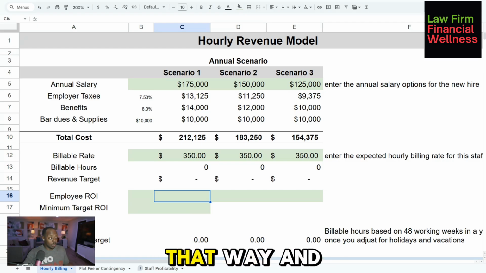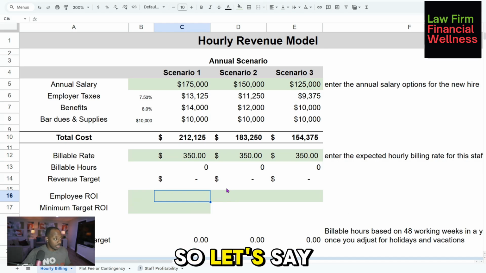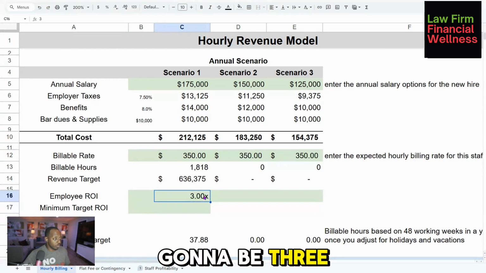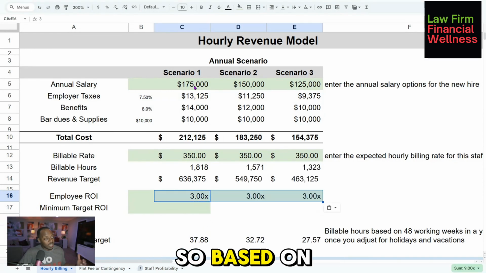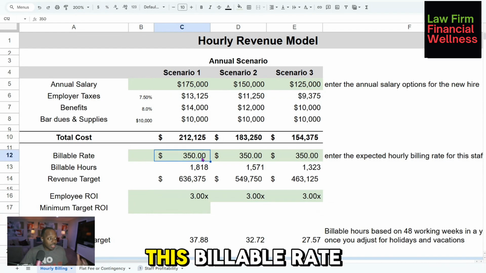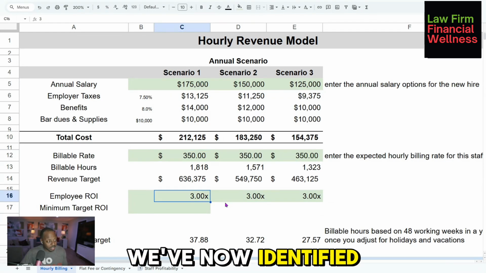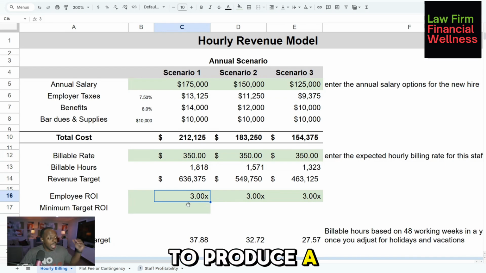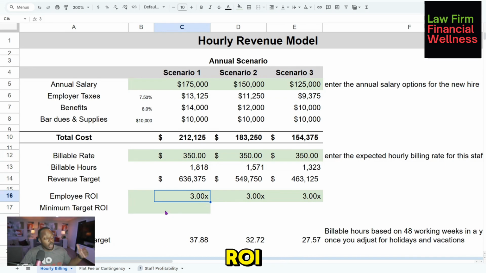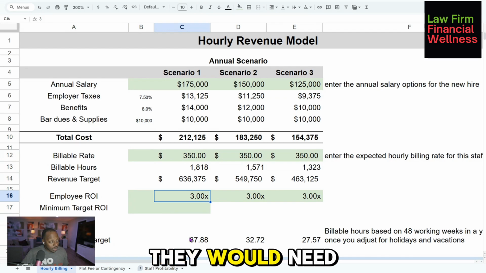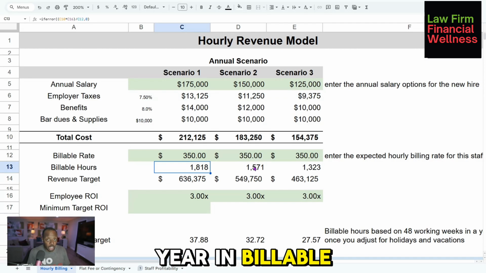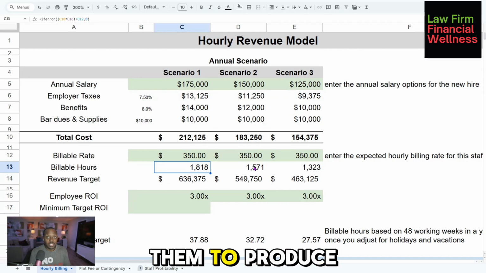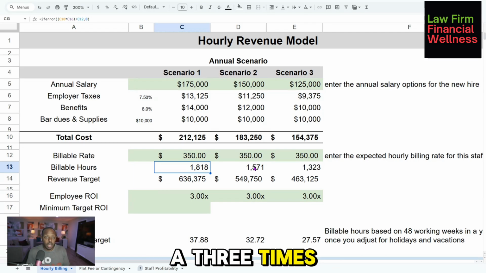So if we think about it that way and plug in 3 here, and plug that across, based on this salary at this billable rate, we've now identified that for this person to produce a 3 times ROI, they would need to bill about 1,818 hours a year in billable work.